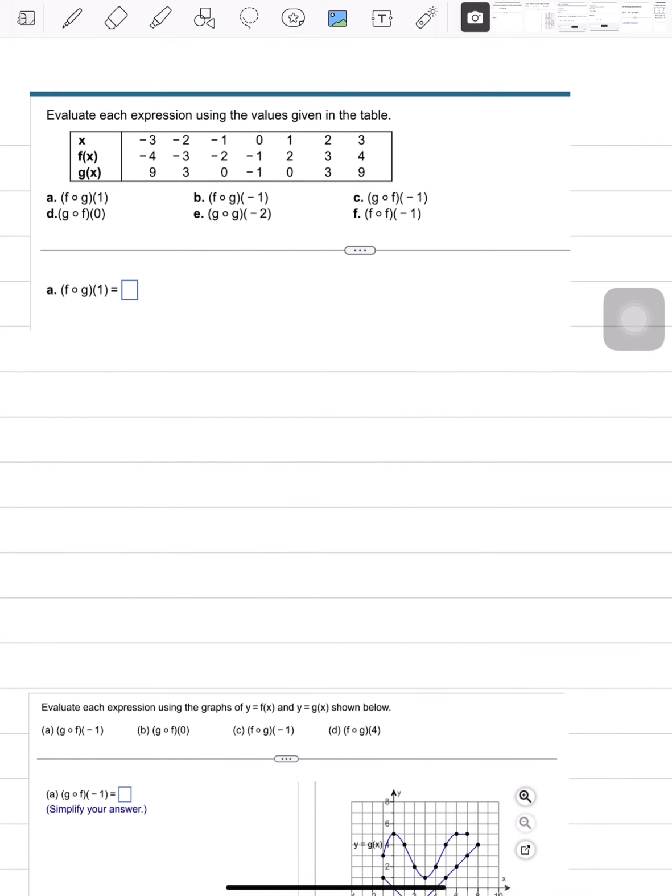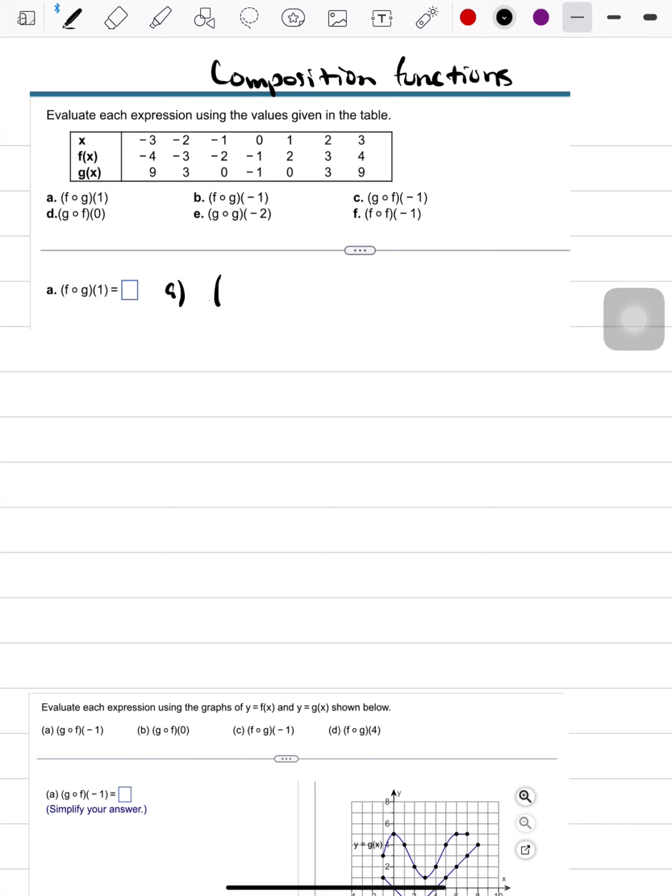So right here with a table, just as a reminder, the way we read this is part A is asking you for the following. It's a composition function, right? Composition functions. Now let's say you watch this video and you still need a little bit more help.